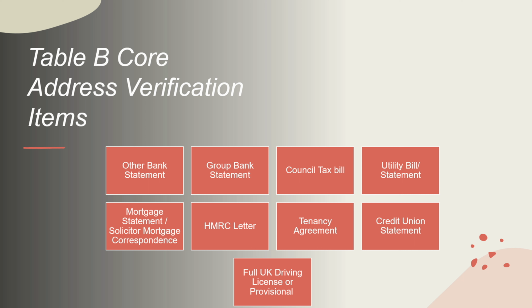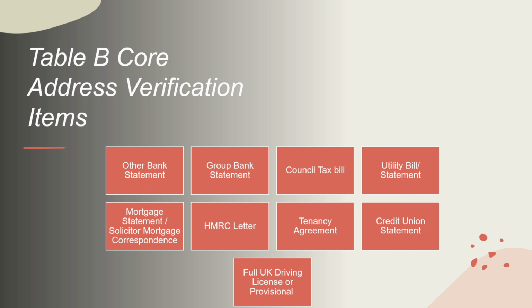You can also use a group bank statement, a council tax bill, or a utility bill. For example, with your contract phone, you can go onto your account, download your statement for whoever your phone is with, log in and get it downloaded. You can also use that as address verification on Table B.